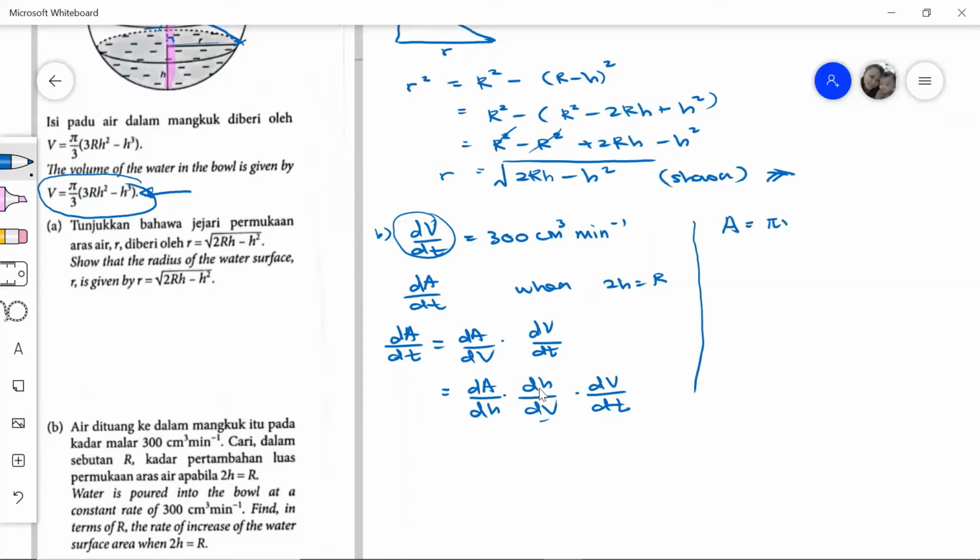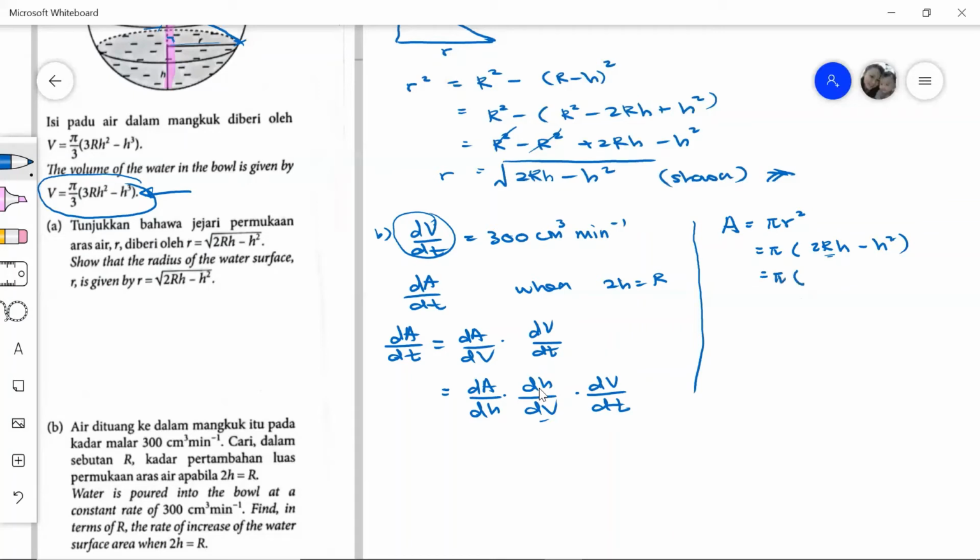equals to pi R squared. This is the surface area of the water surface. And then the R squared basically is 2rh minus h squared. And then we should replace the r with 2h.